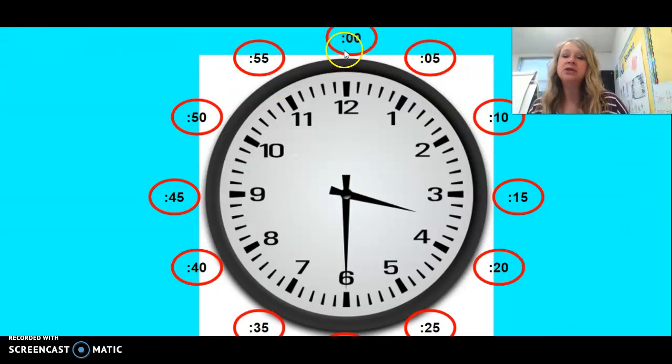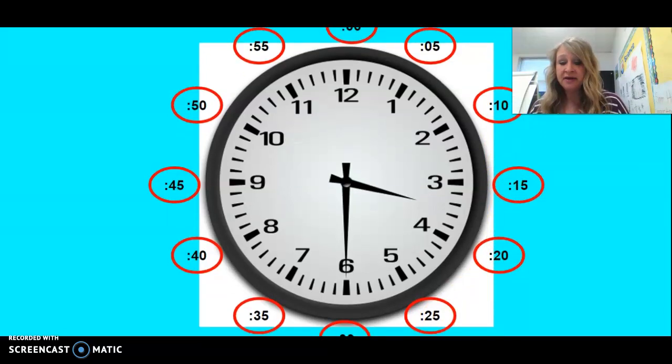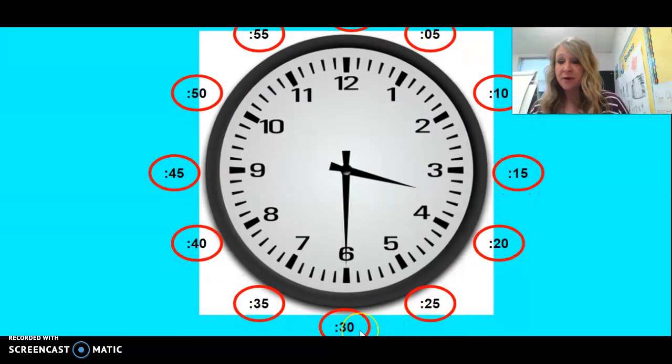So we have our 0, 0 for o'clock. Now we can say 5, 10, 15, 20, 25, and what does it stop on? 30. The minute hand is pointing to the 6, so that is minute 30.